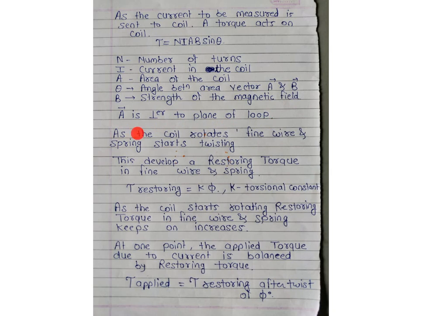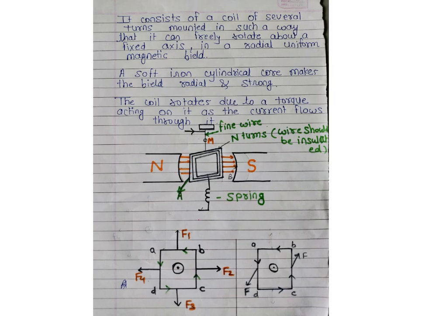As the coil rotates, the fine wire and spring start twisting.